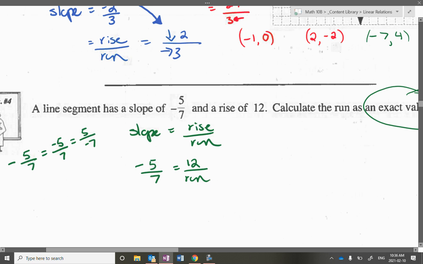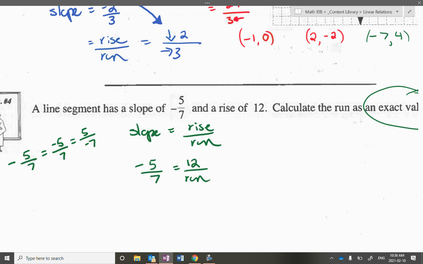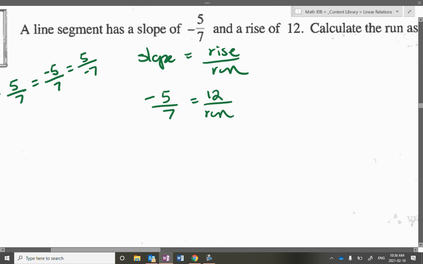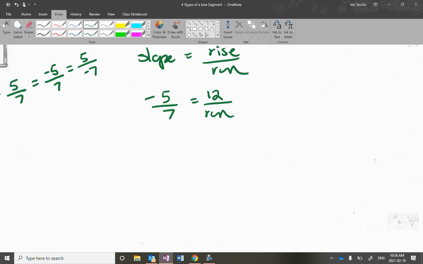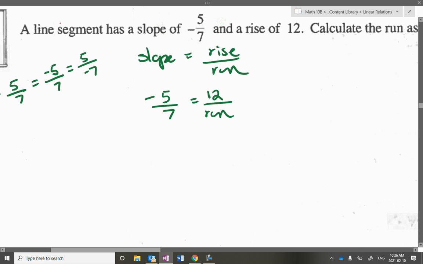We need to isolate and solve for our run. So this is kind of like trig when we were solving for our hypotenuse, where it's in our denominator. There's a few different ways you can do this one. I'm going to do it the most algebraic way. I would multiply both sides by our run.